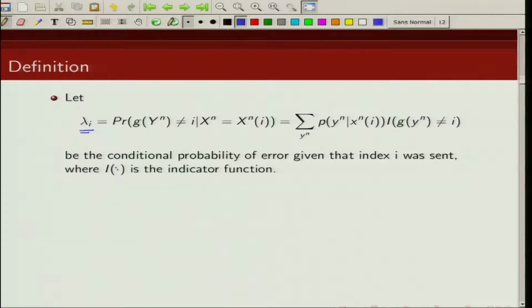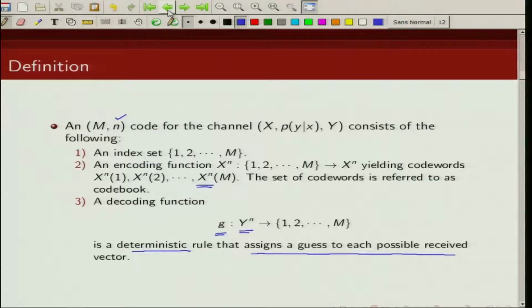Lambda i is nothing but the conditional probability of error given that index i was sent. So, I sent index i, what is the probability of error? Now, when will an error happen? The decoder function is denoted by g.